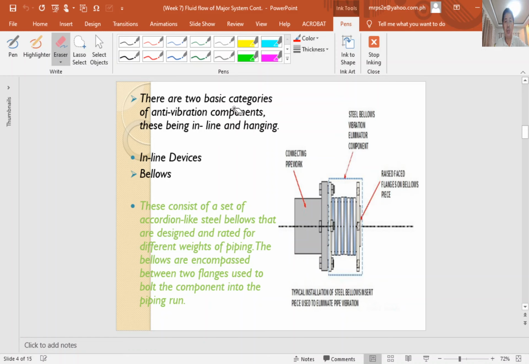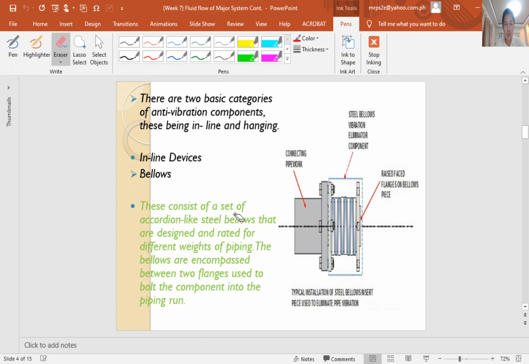So there are 2 basic categories of anti-vibration components, this being inline and hanging. For inline devices, we have here bellows.